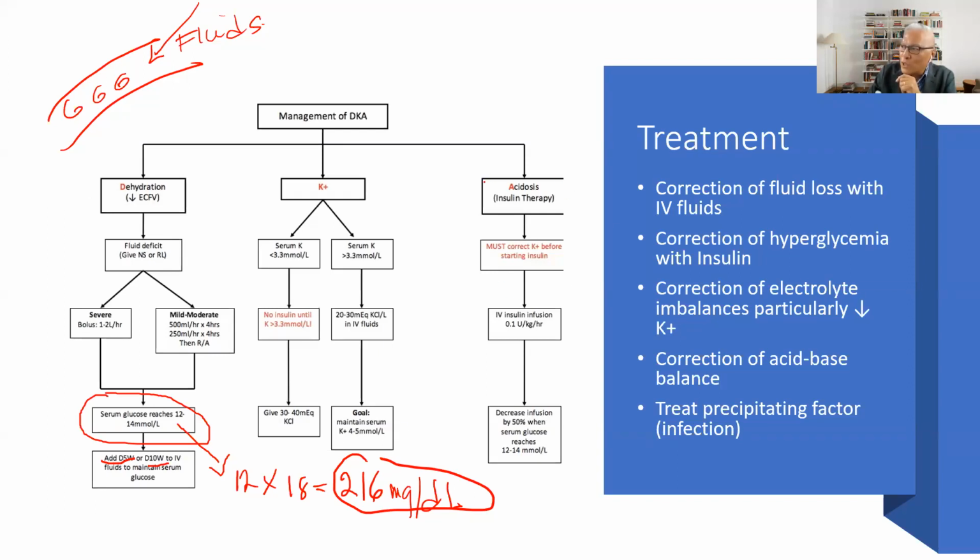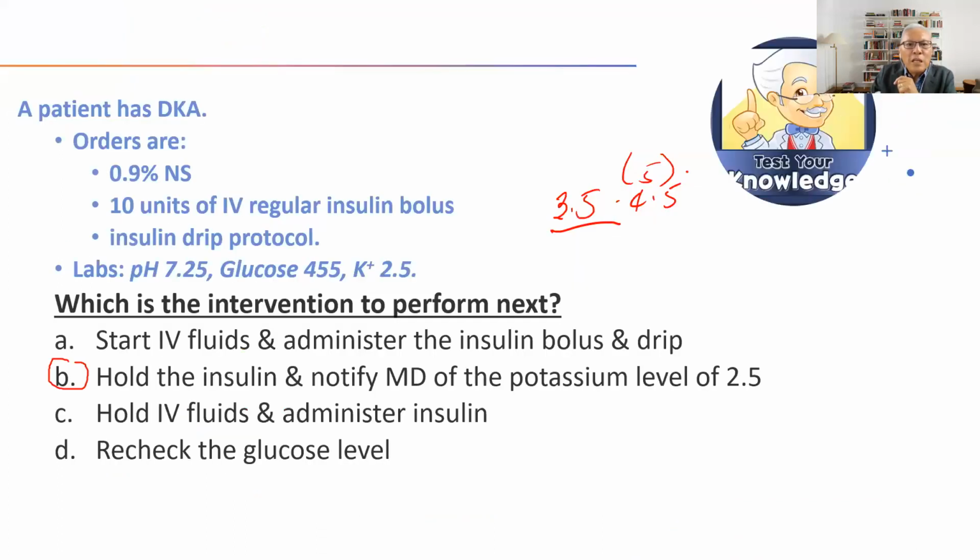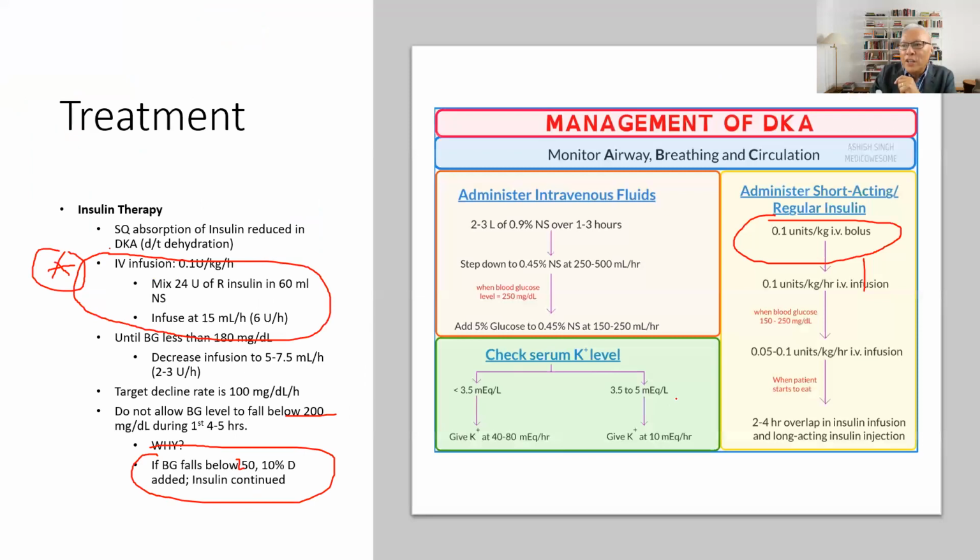So we start with insulin therapy, and as you could see, we must always correct the potassium before starting insulin. And we already talked about the dosage of insulin that's going to be given.